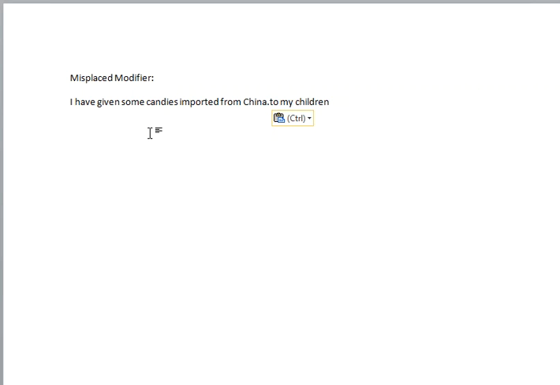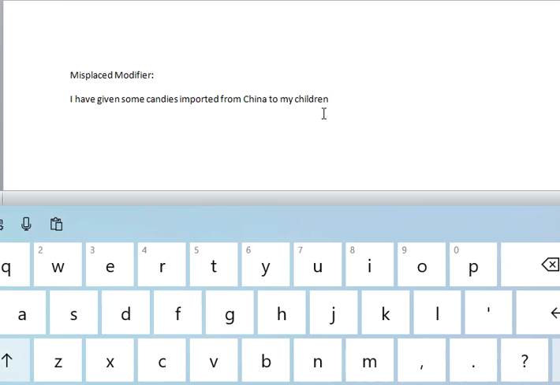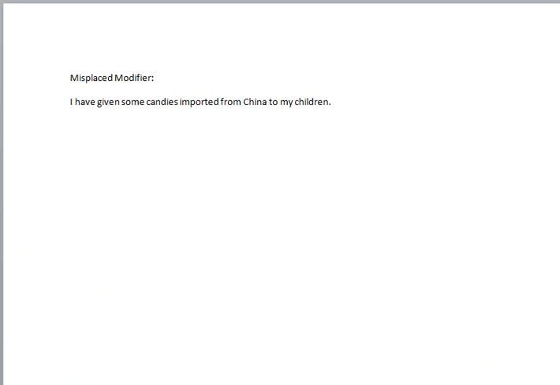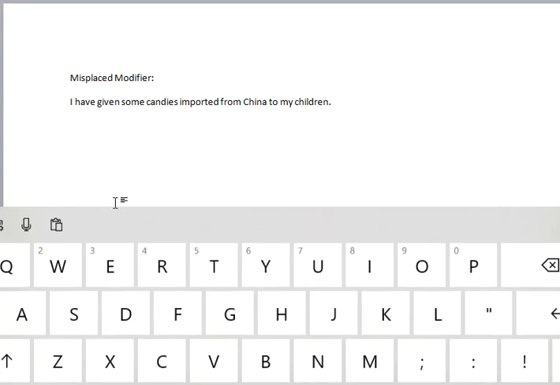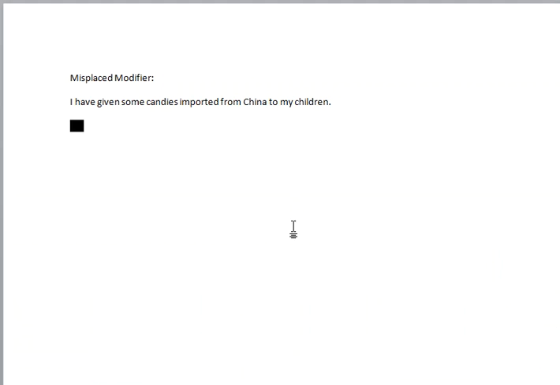There you go. I have given some candies imported from China to my children. We drop it and we put it at the end of the sentence, which is enclosed by the word children. That's how we fix a misplaced modifier.